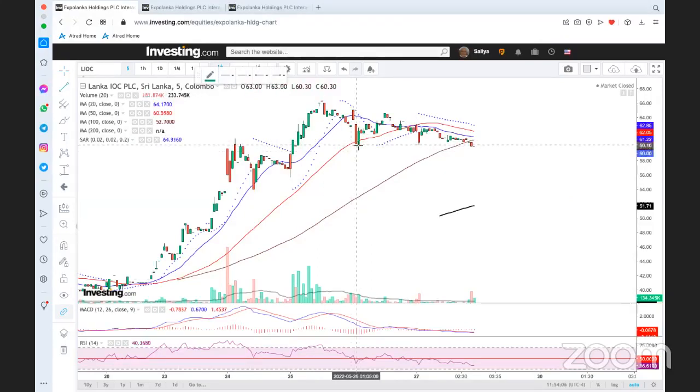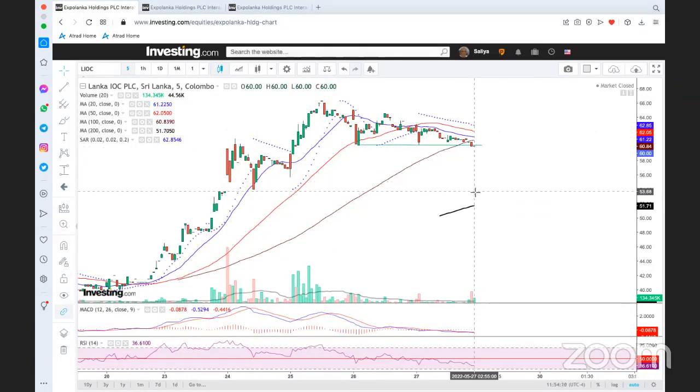So this support line is broken on a closing basis. I was using from here, so this distance, we got to be confident that this distance will carry, meaning it will come down to that level.